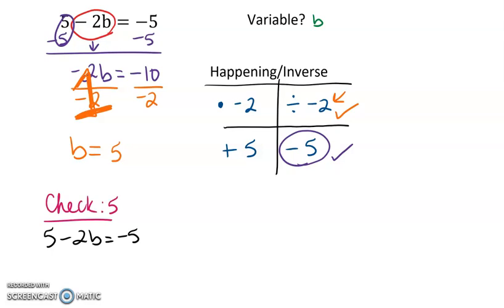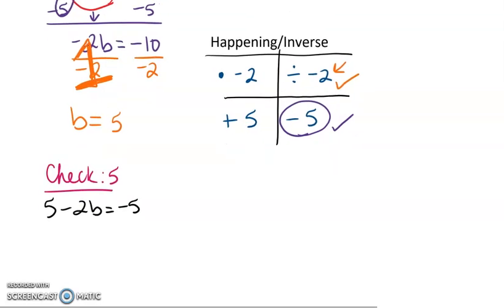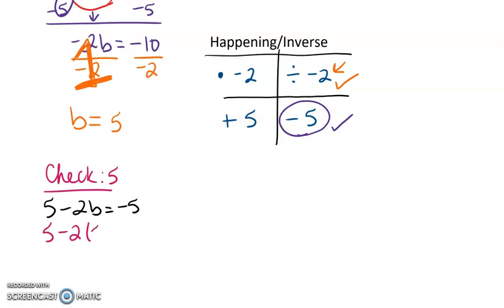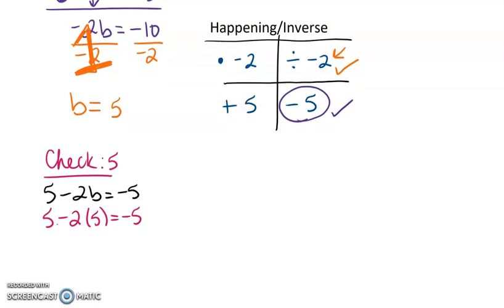And I'm going to replace that b with the 5 that we got. So I'm going to say 5 minus 2 times 5 equals negative 5. I need to do that negative 2 times 5 first, which gives me 5 plus negative 10. And 5 minus 10 is negative 5.